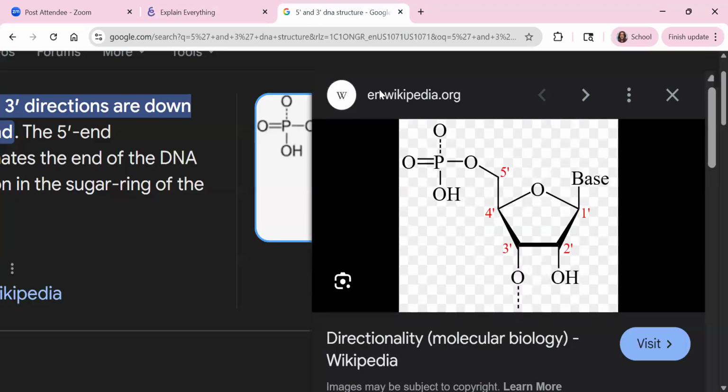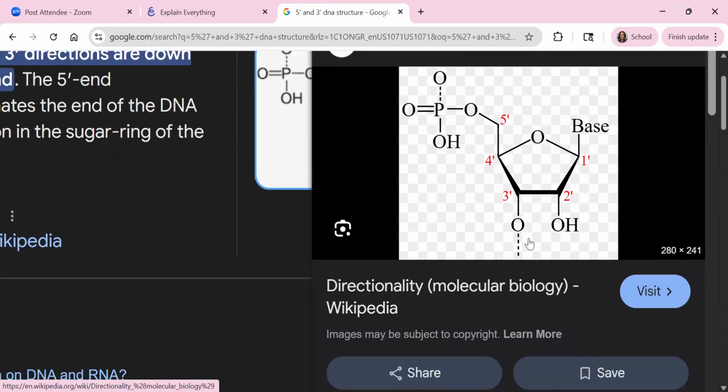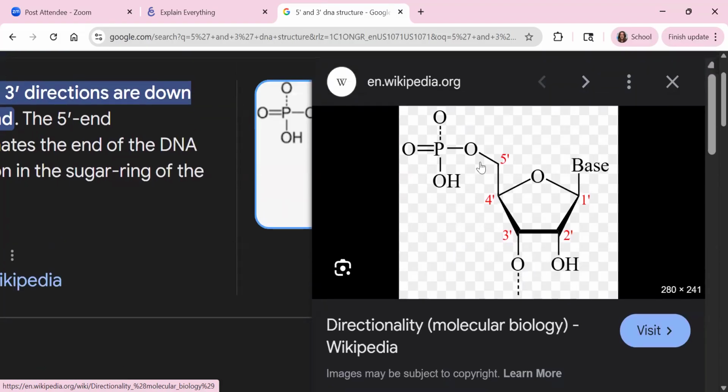So a 5' end will come in and bond with this OH, right? Like this. See this O right here? That's representing this right here.